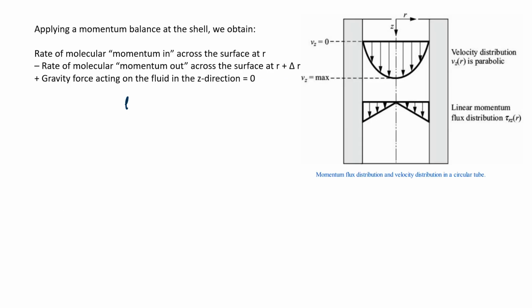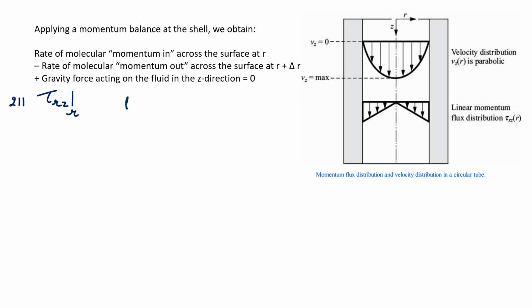Now applying a momentum balance at the shell. Rate of molecular momentum in minus rate of molecular momentum out across the surfaces at r and r plus delta r, plus the force due to gravity.